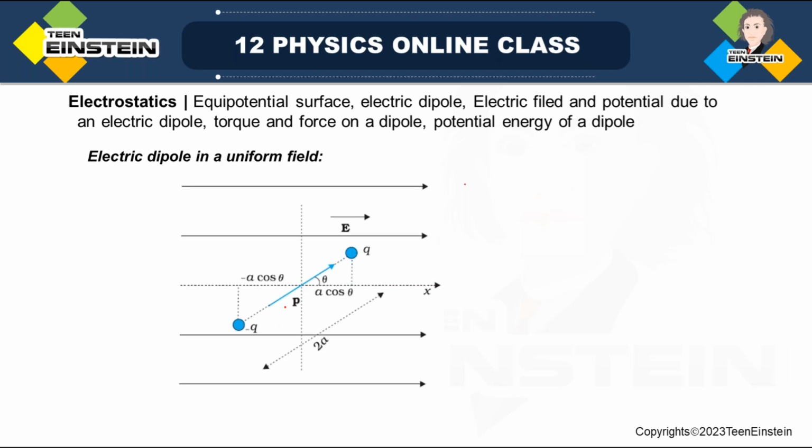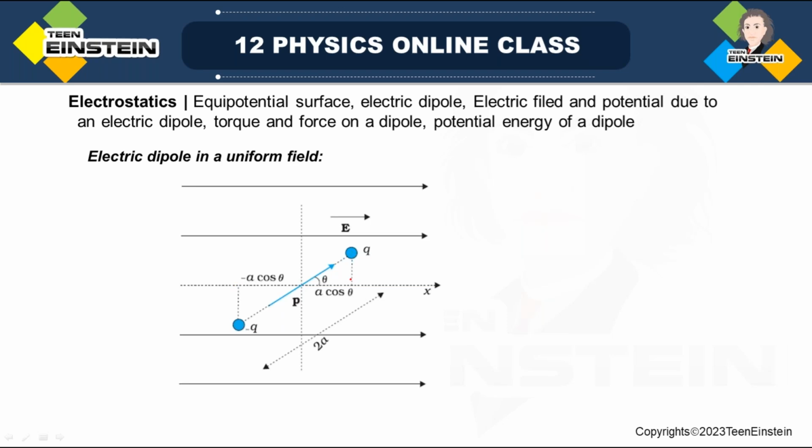Here you can see an electric dipole kept inside a uniform electric field. The uniform electric field is denoted by equidistant parallel lines. So the electric dipole is kept in a uniform electric field.